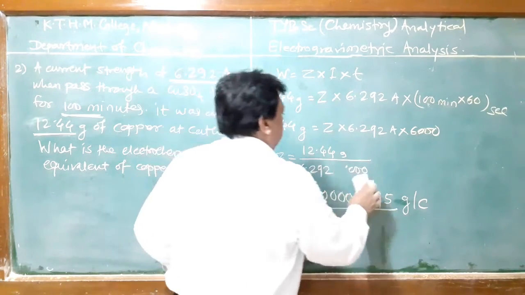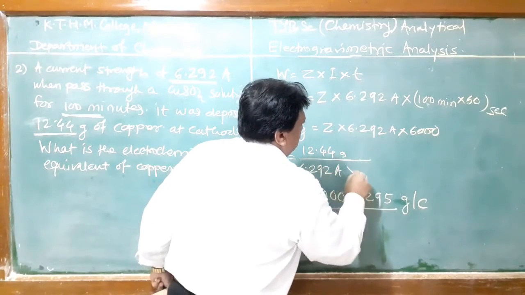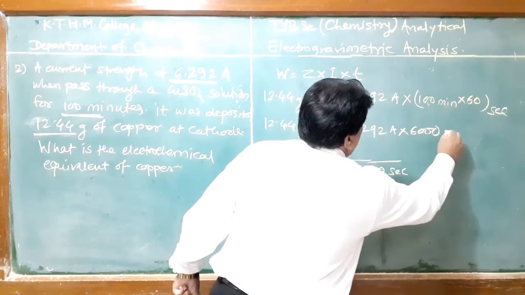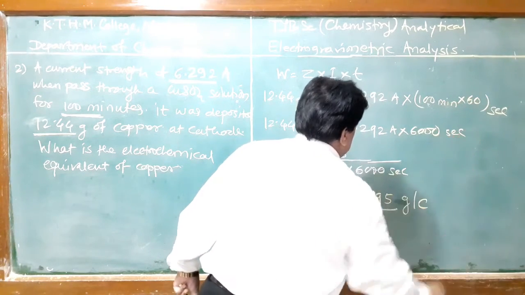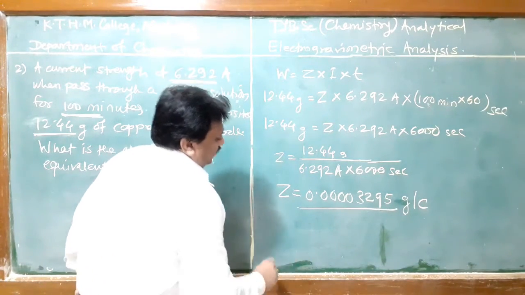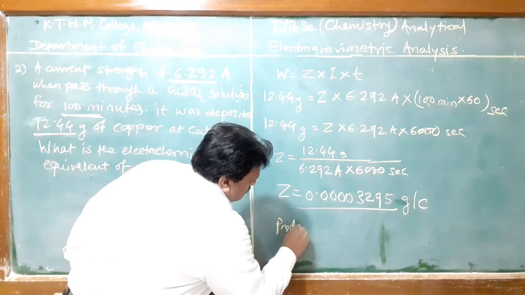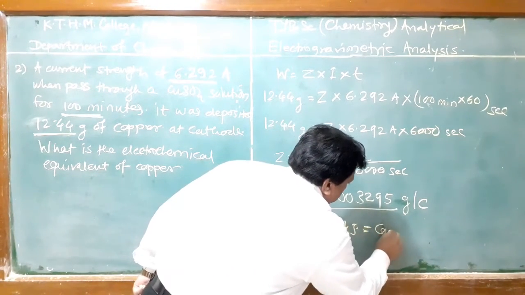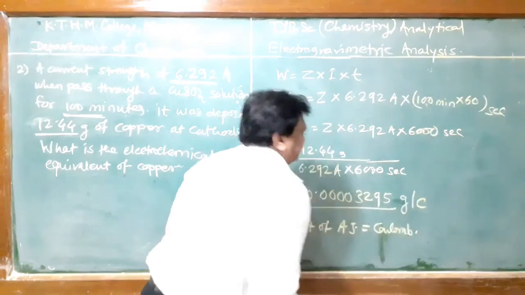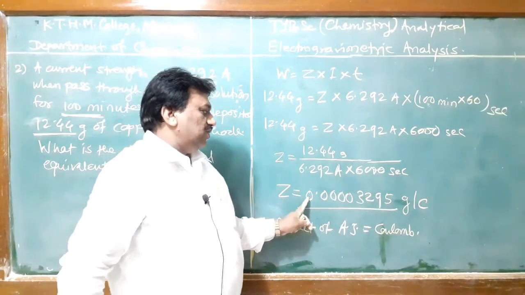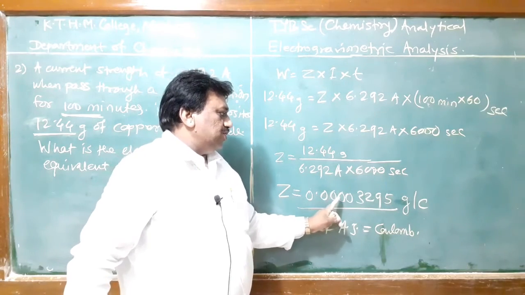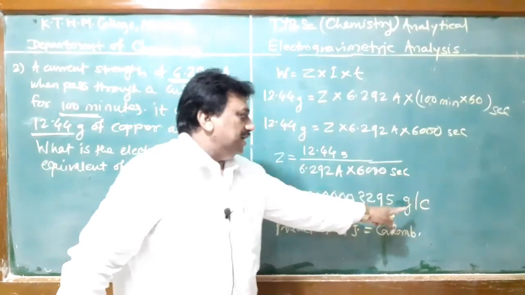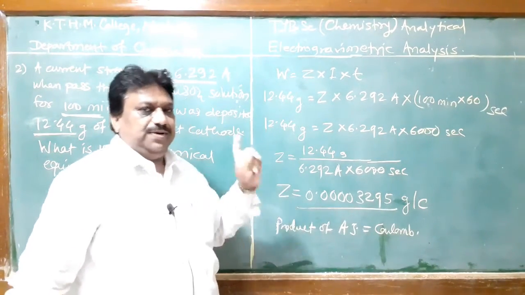Here this is in ampere, and this is ampere into 6000 second. Therefore, the product of ampere second is called coulomb. So the electrochemical equivalent of copper is 0.0003295 gram per coulomb. That means 1 coulomb deposits this much gram of copper.